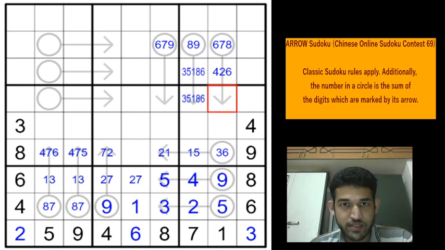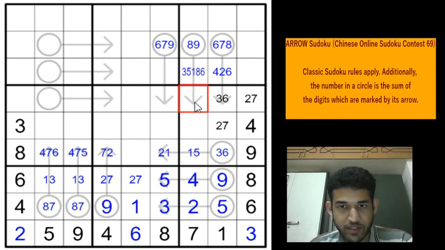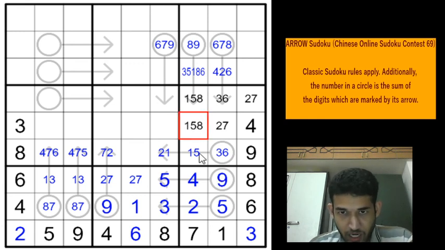So if you have a 3 6 here, 3 4 6 9 are locked, and you have a 2 7 here, so 2 7 will be locked in these two cells, and these three cells will be 1 5 and 8. We can erase everything, so these will be 1 5 8, right? And because we have 1 5 8 here, we need to have the 9 here, right? 8 can't be here, so this will be a 9.